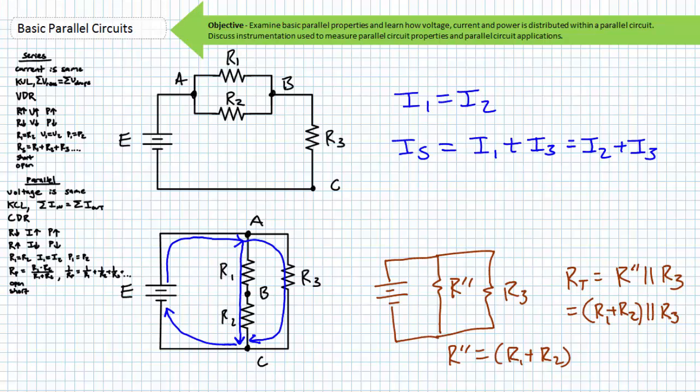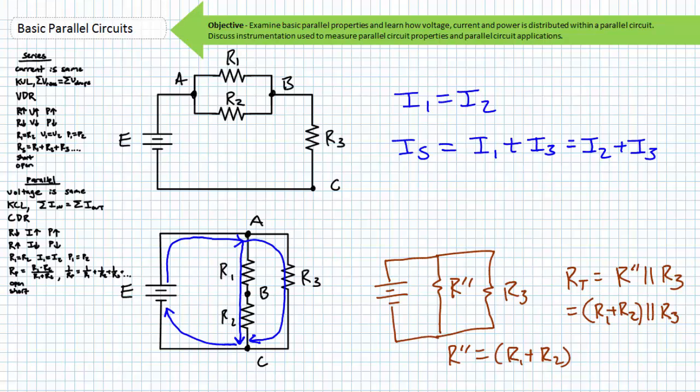Again, the parentheses imply you must first calculate R double prime, then take that in parallel with R3 to solve for RT. We do not need to perform that level of simplification though, because we want to apply the properties of purely series or purely parallel circuits.